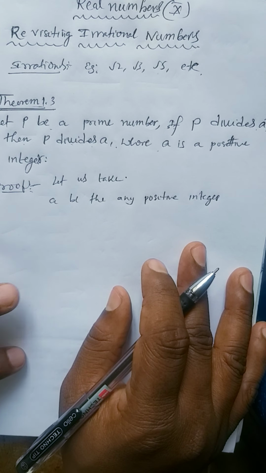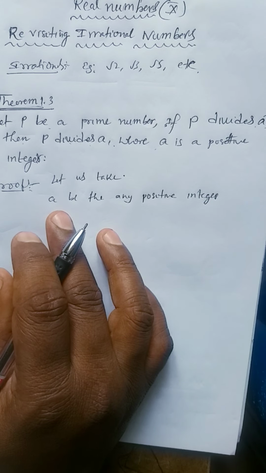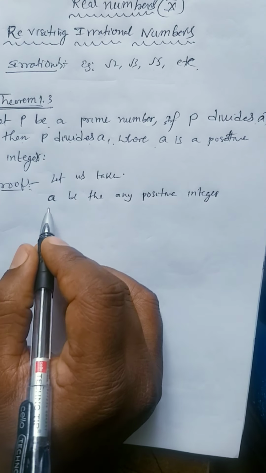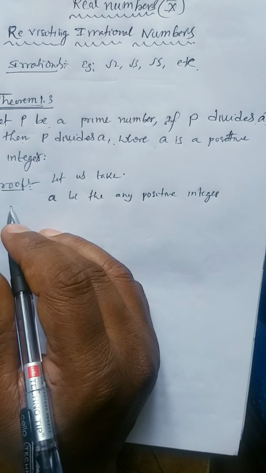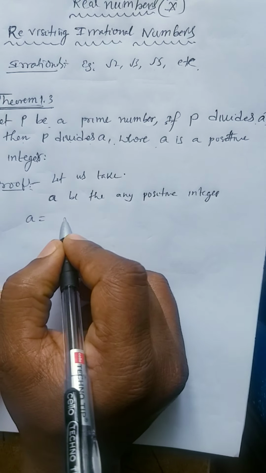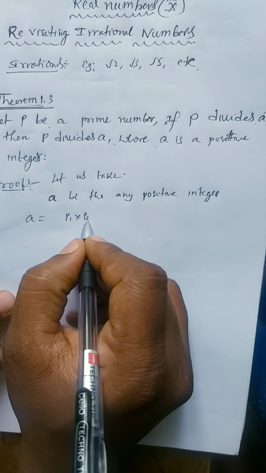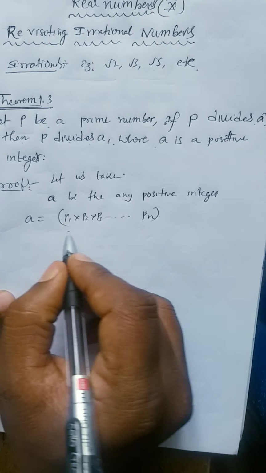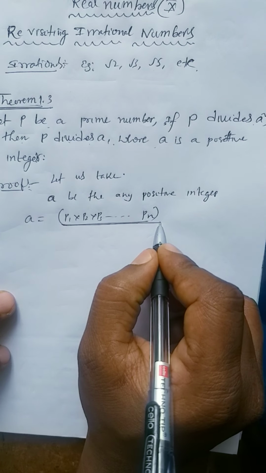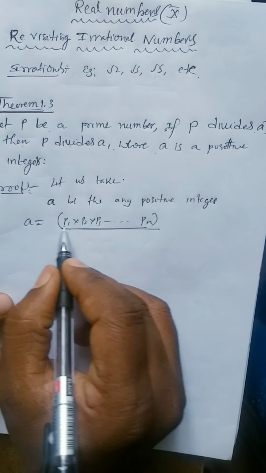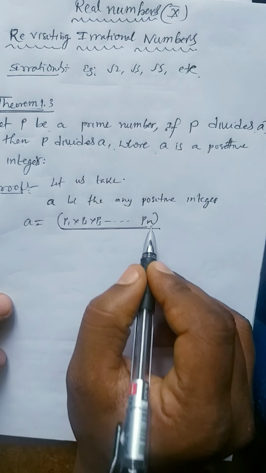Because it is a positive integer, we can express it as a product of prime numbers. So a equals p1 into p2 into p3 and so on. It is expressed as a product of prime numbers, since we know from the fundamental theorem of arithmetic that we can express it as a product of primes.